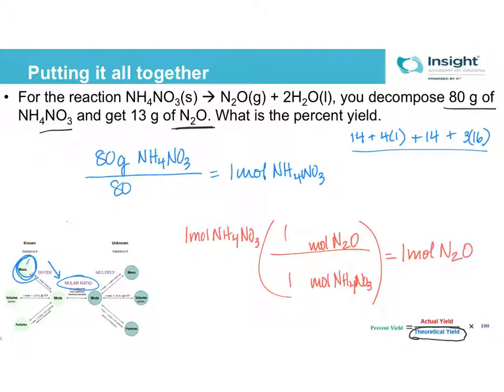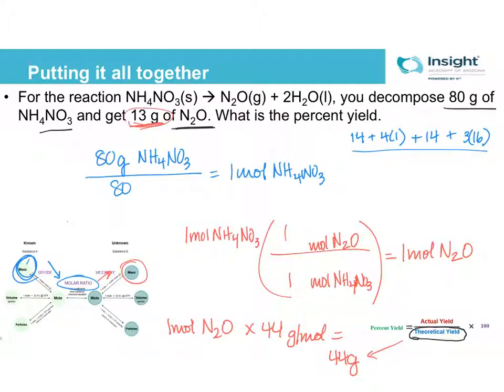And last step, we need to get back to mass because we have to be able to compare it to this 13 grams. So I'm going to take 1 mole of N2O. My molar mass there is going to be 14 plus 14 plus 16, which is 44, which means I was expecting to get 44 grams. All right, so my theoretical yield was 44 grams.